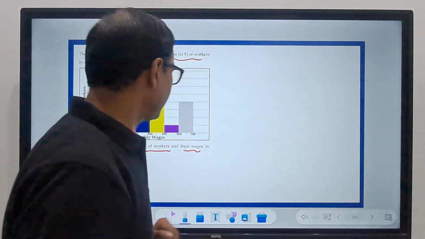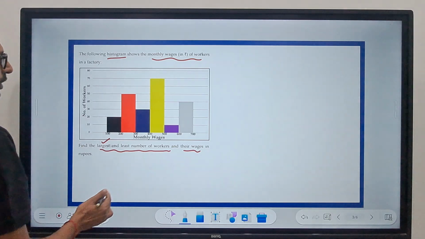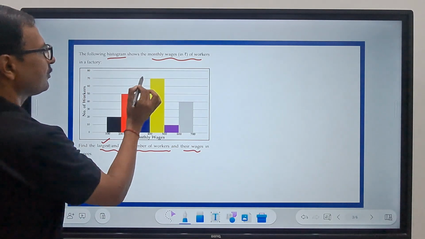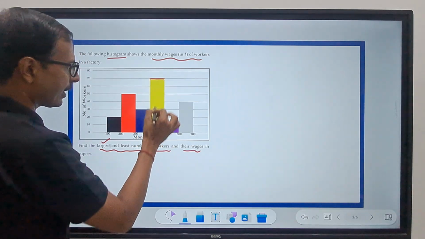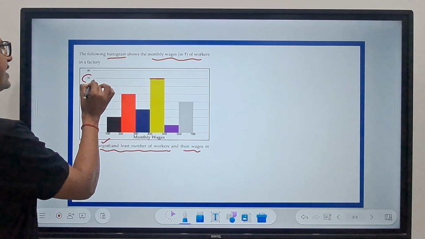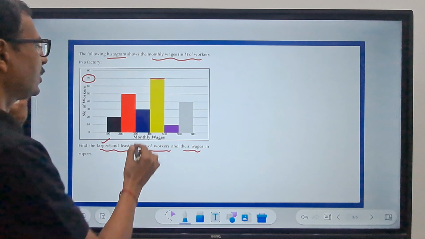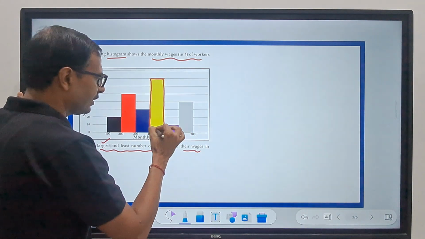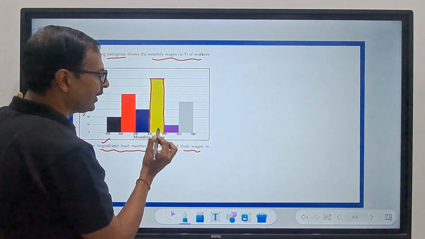Okay, so what is the question? He is asking us the largest number of workers. The largest number of workers corresponds to the highest height of the bar, which is 70, and this bar relates to 400 to 500.